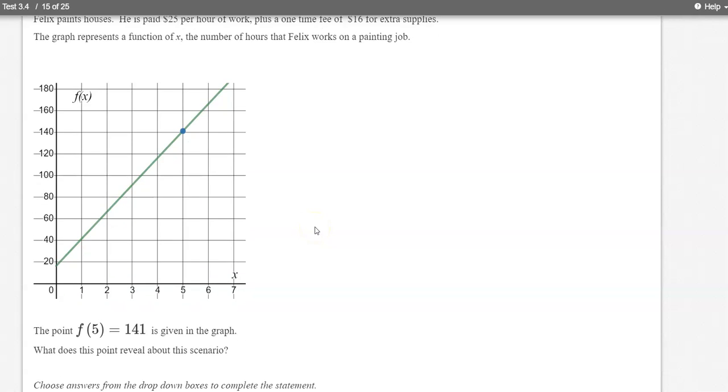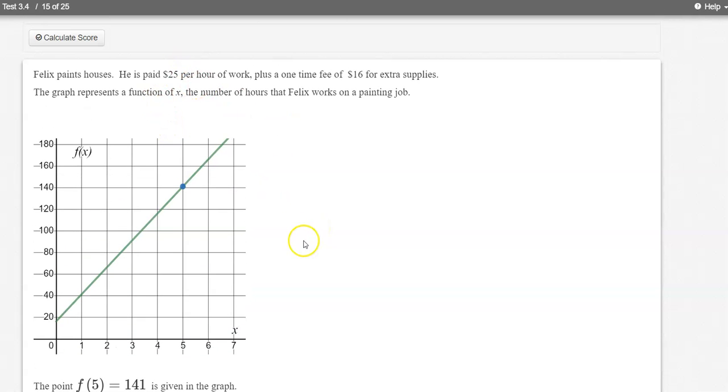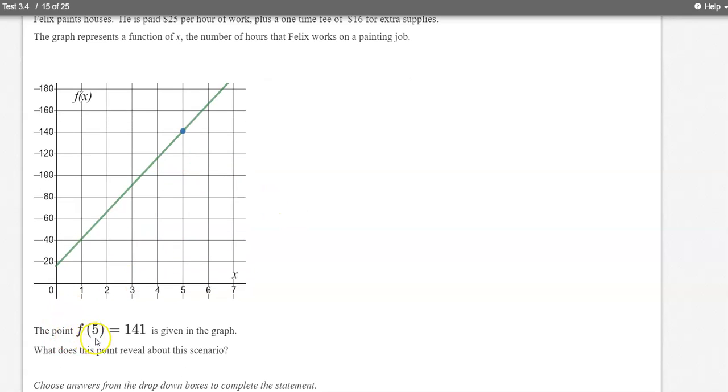Felix paints houses. He is paid $25 per hour of work plus a one-time fee of $16 for extra supplies. And so we have a function of x represented in this graph for Felix's pay. There's an ordered pair highlighted here. F of 5 equals 141, so that's this blue point.